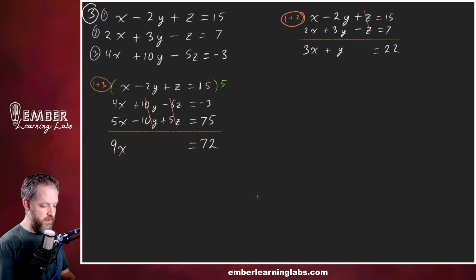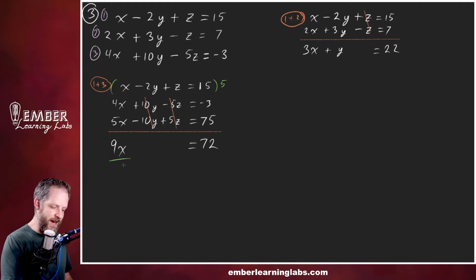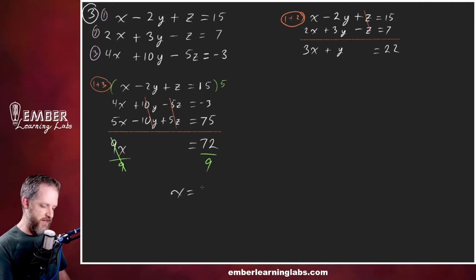Now, we could stick these together and do some elimination, but we've got one variable, one equation. Let's go ahead and solve that one for the variable. So we divide the 9 off, so x ends up equaling 8.